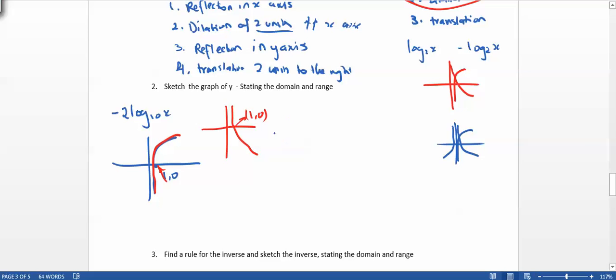I'm going to be sketching the graph of minus 2 log to the base 10 of minus x. Well, now we've reflected this in the y-axis, which means that this point here is now negative 1, 0. All right, very messy, I know. It's really hard to do this on my computer.